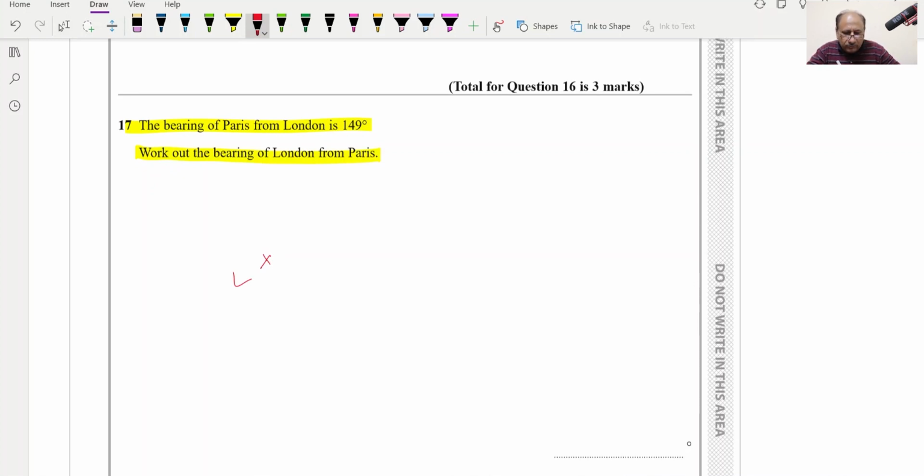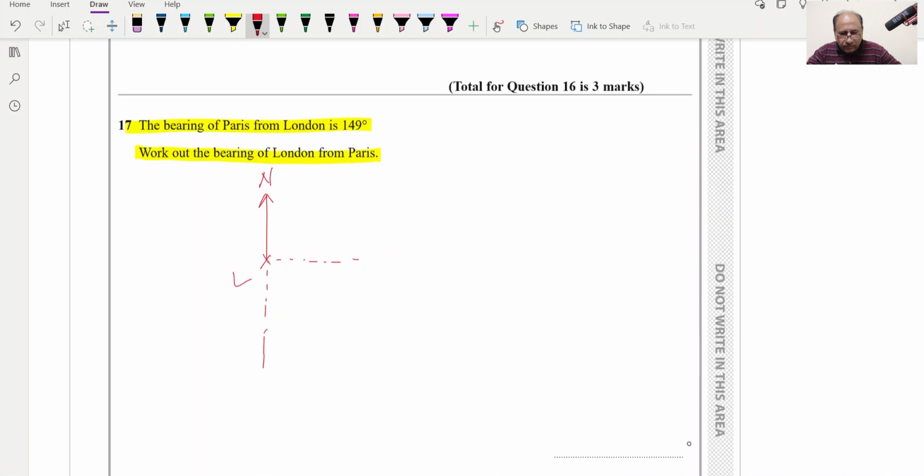So first of all, we'll draw north. This will be our north, and from north we are always taking clockwise, and we can take 149 roughly. This will be 90-degree line, and this one is 180 line, so we require 149.